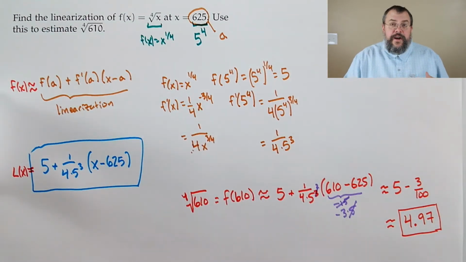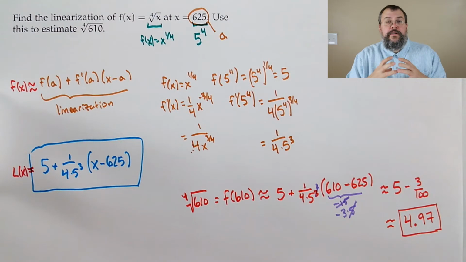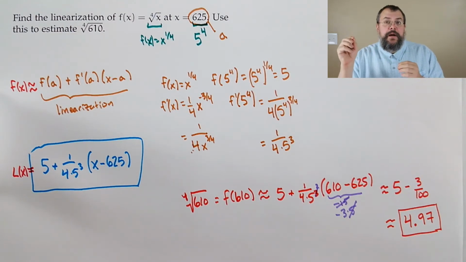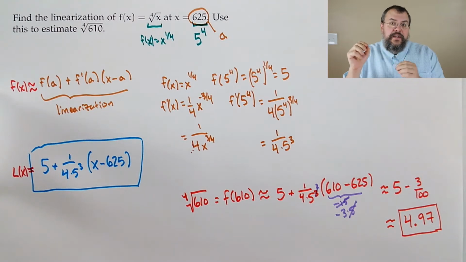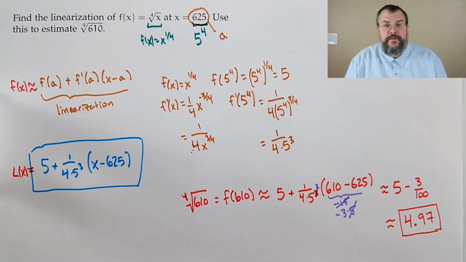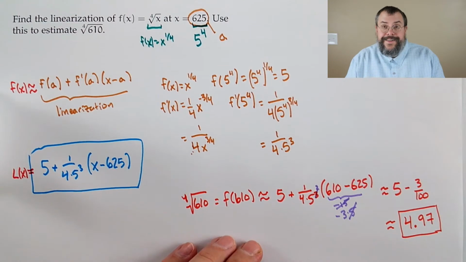All right, so that's sort of the philosophy. I have a point that's hard for me to compute directly. There's a nearby point which is easy for me to compute. Let me use the nearby point to help me get an estimate for what the point I'm after should do. All right, good. Nice problem. Good times. Well, let's try another problem.